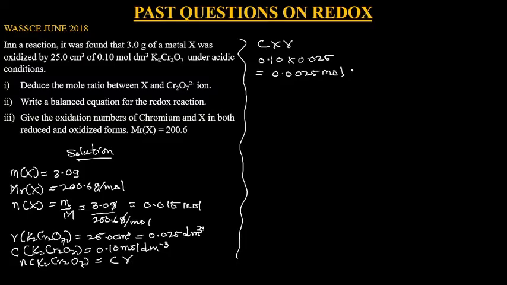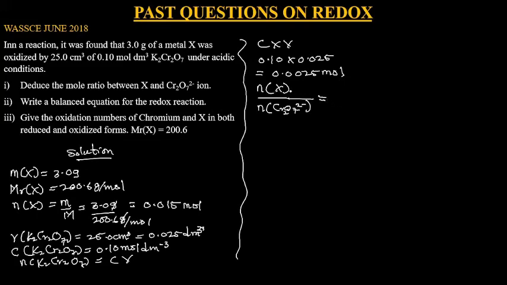So the question says, what is the mole ratio between the two? Now, the mole ratio between the two can be expressed as mole of X over the mole of chromate, Cr2O7 2-. So when the potassium is gone, we have chromate anions. We'll find out when we divide the two.